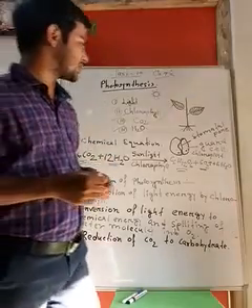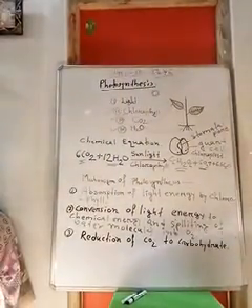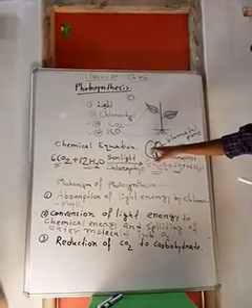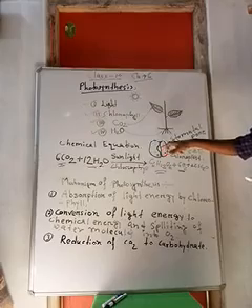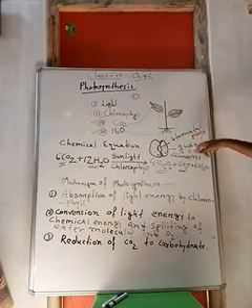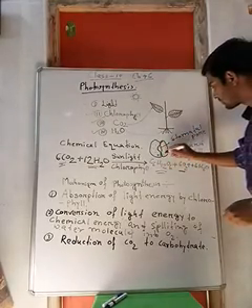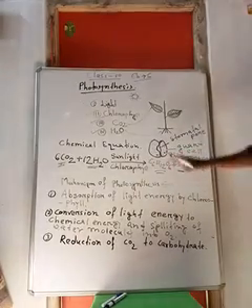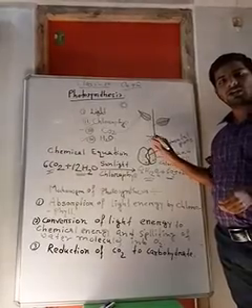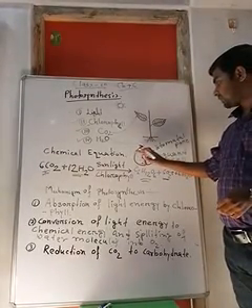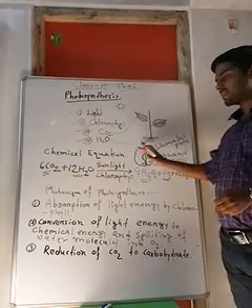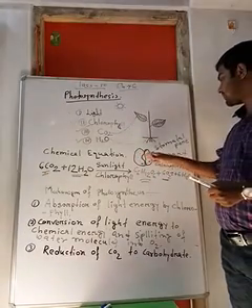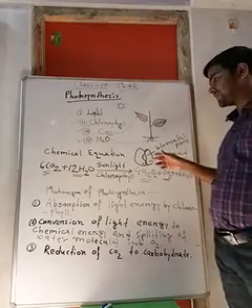So how does the stomata look? See this, the structure of the stomata. These two are the guard cells, and this is the stomatal pore, and these are the chloroplasts. The opening and closing of the stomata depends on the opening and closing of the guard cells.